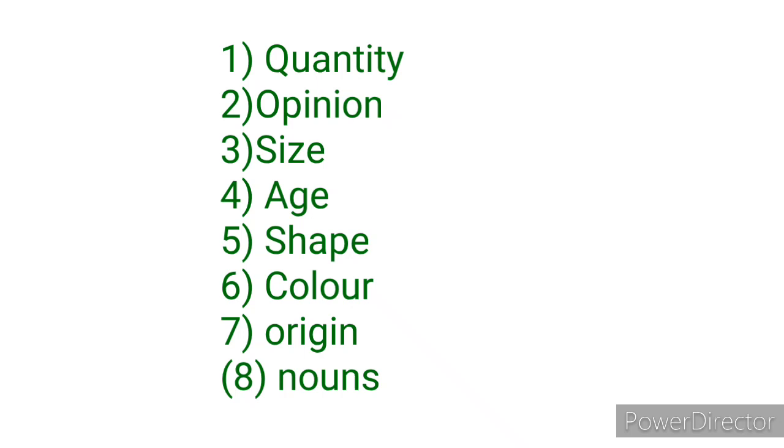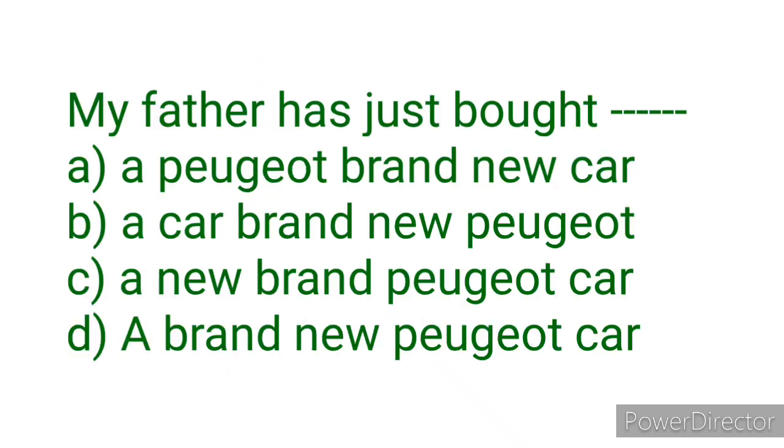Now, going back to the options that we are considering. After the quantity, what we should have is brand new. When you say something is brand new, it means that thing is unused. So you do not consider them differently, you consider them as one word, unused. You do not consider brand as a different word and new as a different word, because the two of them always go together to mean one word, which is unused.